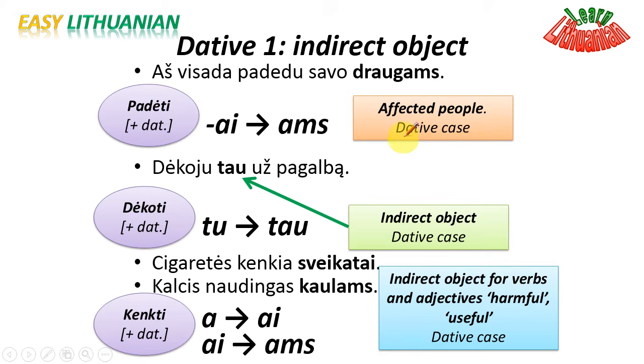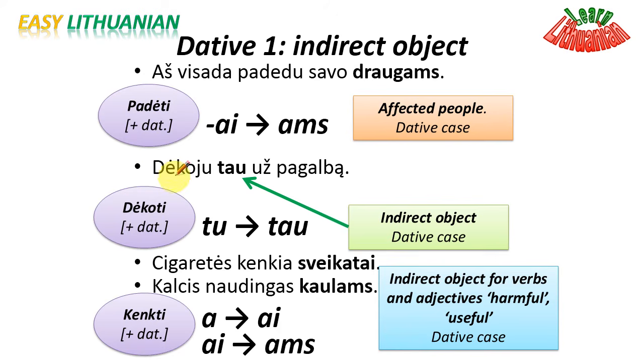So you can ask me, how do I know if the object is direct or indirect? Well, you just need to learn all those verbs that use dative case, and you'll know when to use dative case. I'll show you the list of verbs that use dative case a few slides later.